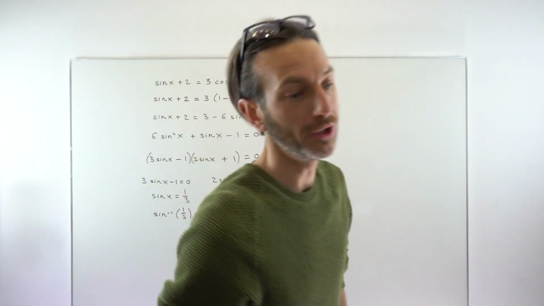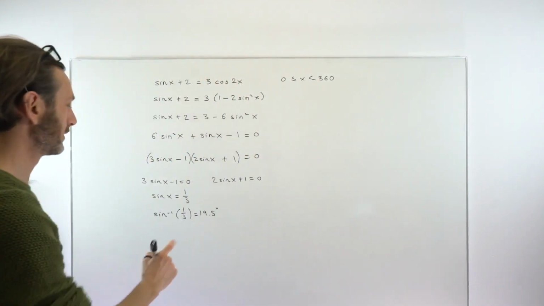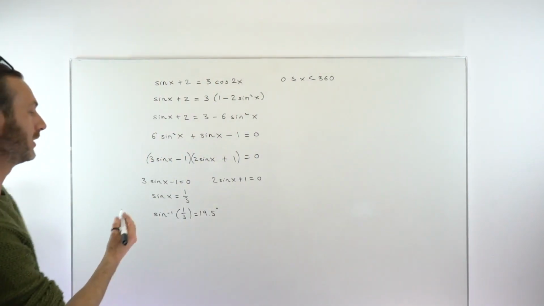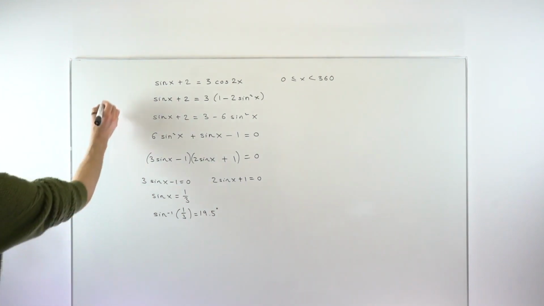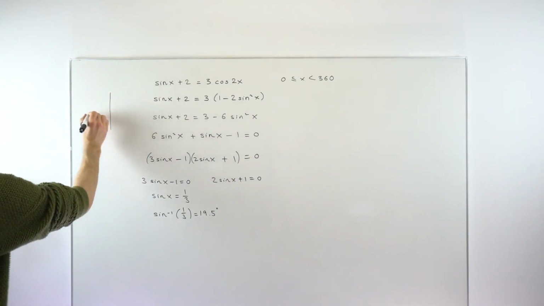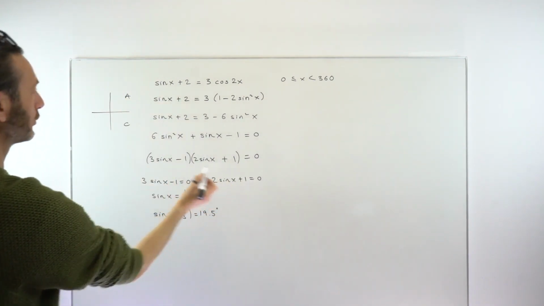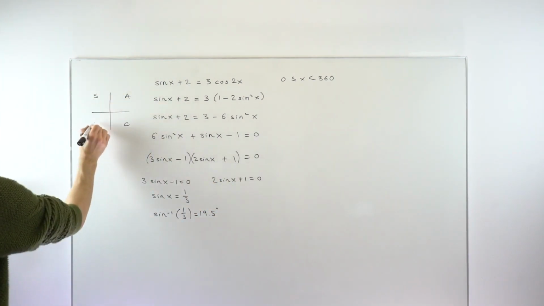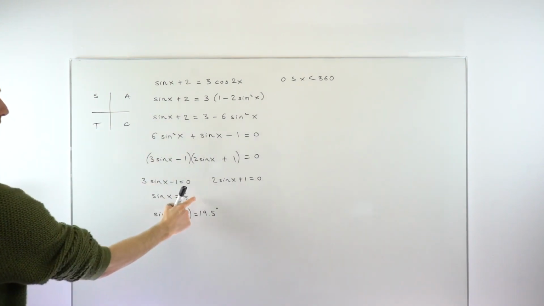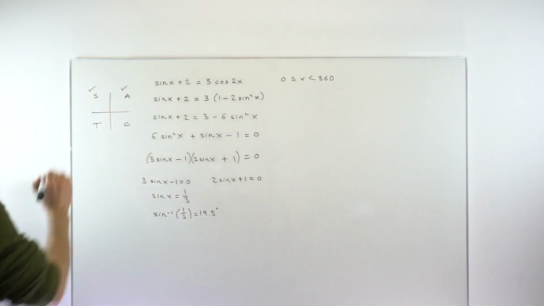I'll just check my cheat sheet. Yes, 19.5 degrees. So that might be the first solution, but we do need to check that on the CAST diagram. I'll just put a CAST diagram over here. In this case, for the first equation, we might need one for this one also. For the first one, we're dealing with a sine function and a positive value, so we're checking the first and the second quadrant.